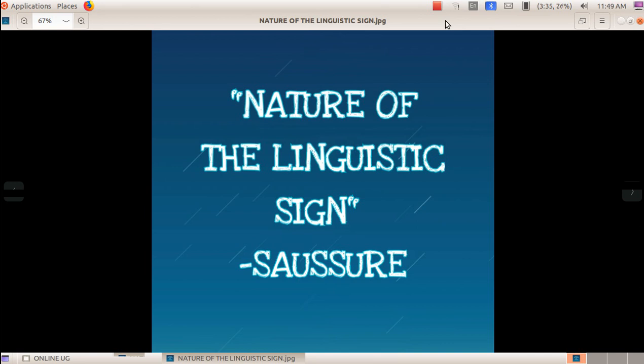So if we have paired opposites, he gives the example of male and female. What is male? That is not female. What is female? That is not male. So in the relational aspect, he speaks about paired opposites to explain this.